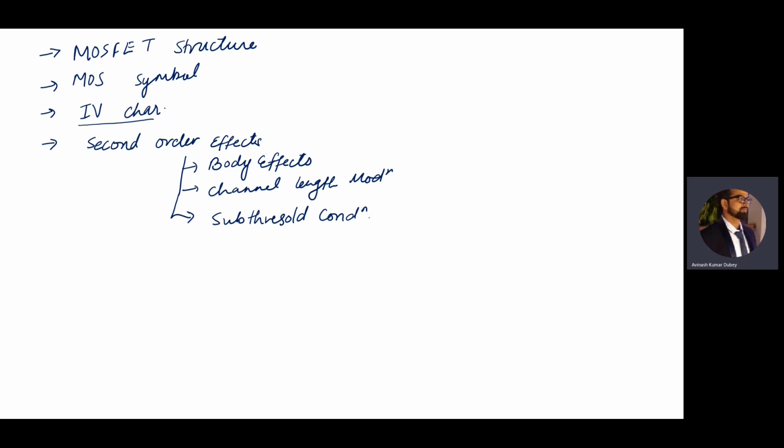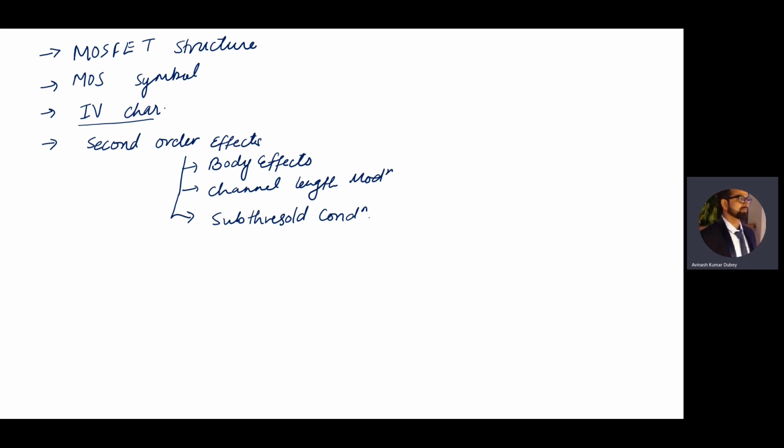So there are some other second order effects, meaning a little bit more complex current-voltage relationships, we will see. So these things we are going to discuss, which are important for low power VLSI design. We will discuss these things one by one.